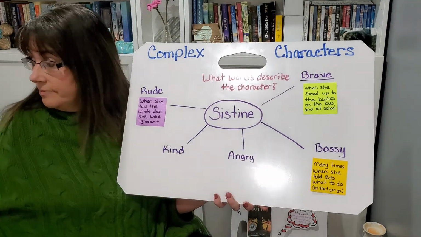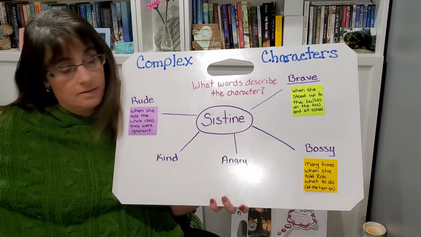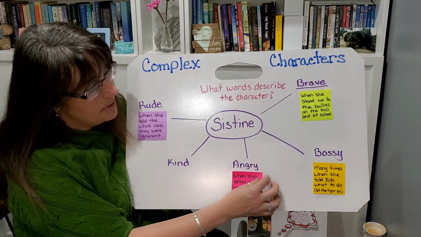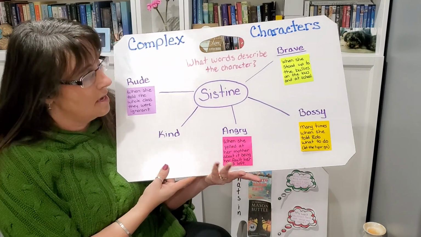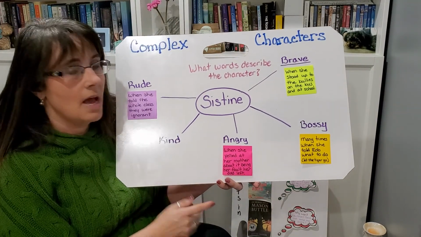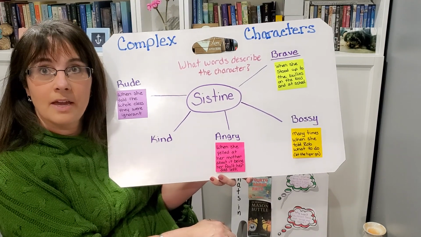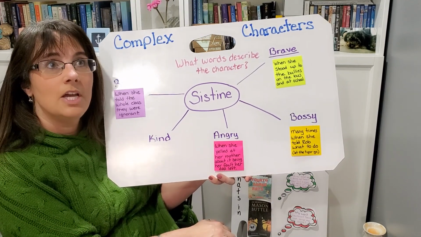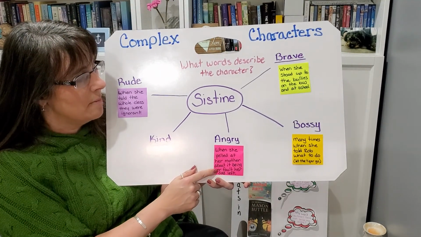Kind and angry. Let's see what I have here. I'm going to do the angry one first. Do you remember that time when she was at Rob's and they had been out in the woods, and her mom came to get her in the car, and she had Rob's clothes on?